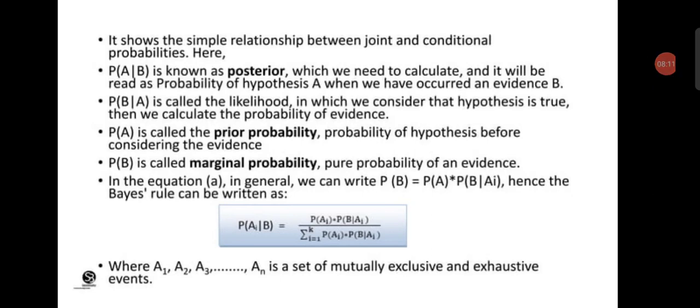It shows the simple relation between joint and conditional probability.